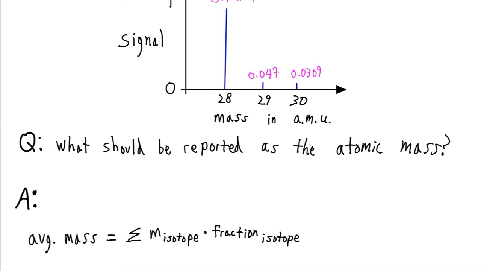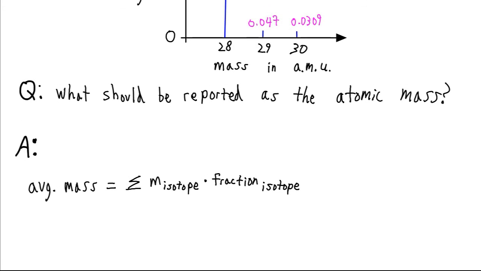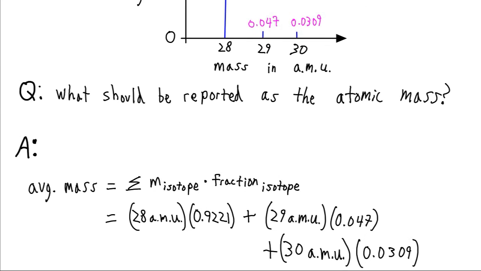So we're going to use our formula for calculating the average mass. We take the masses of the individual isotopes and multiply them by their fractions, and then this sign means we add them all together. We start with our first isotope, multiply it by its fraction, second isotope, its fraction, third isotope, its fraction, and add them all together.